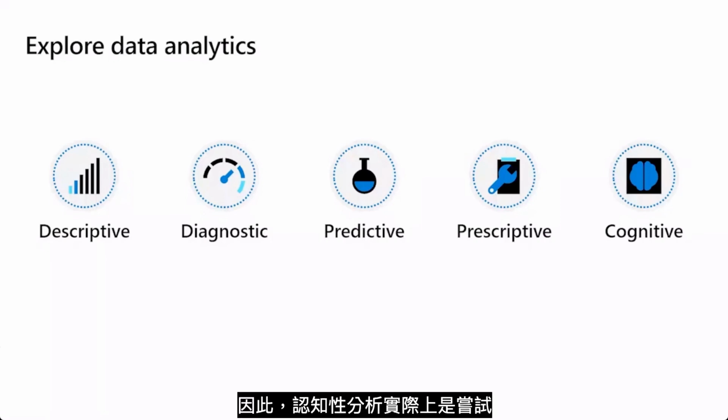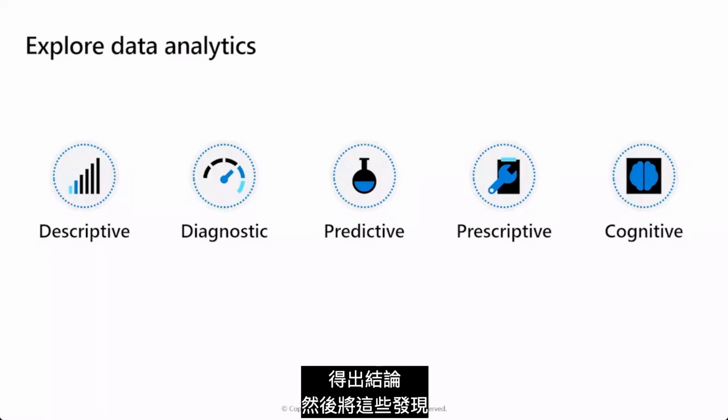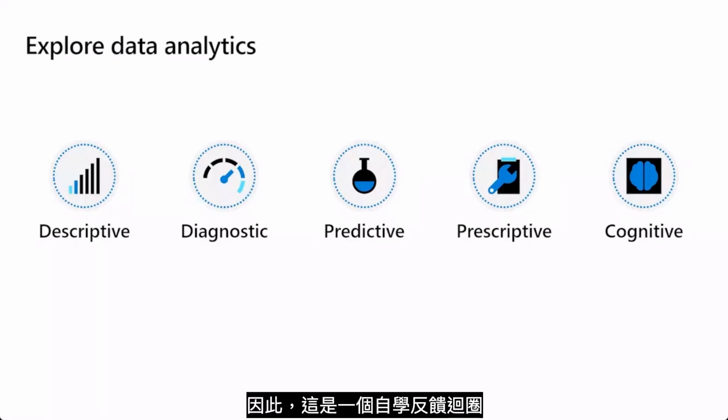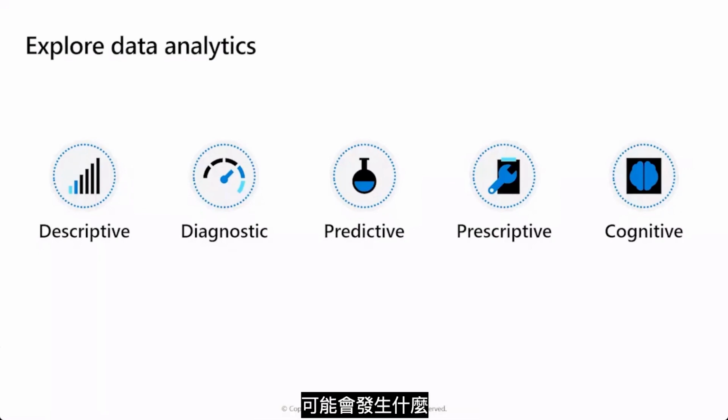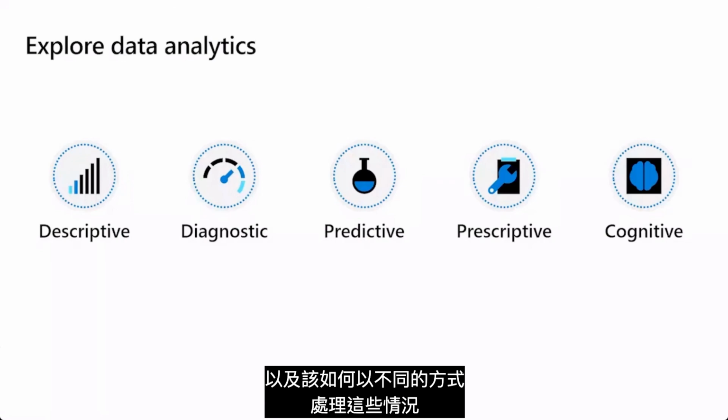Cognitive analytics really attempts to draw inference from existing data and patterns, derive conclusions based on existing knowledge bases, and then add these findings back into the knowledge base for future inferences. So this is a self-learning feedback loop. Cognitive analytics really helps you to learn what might happen if circumstances change and how you might handle these situations differently.